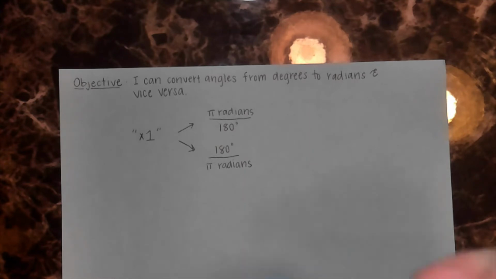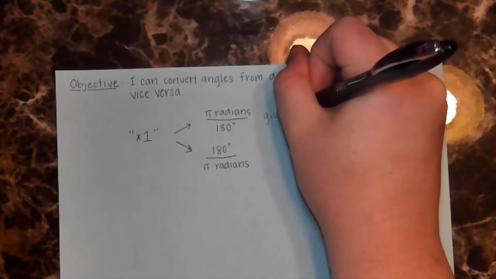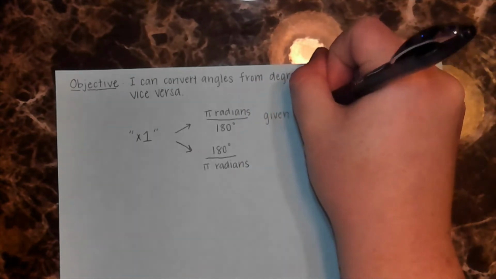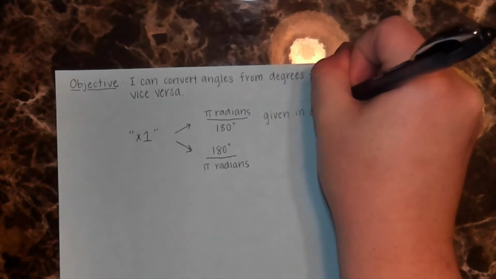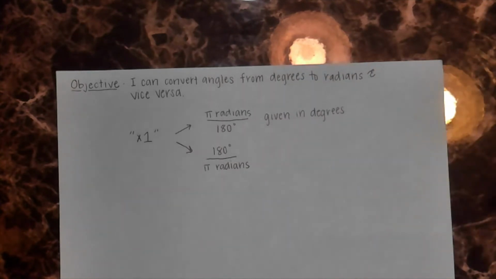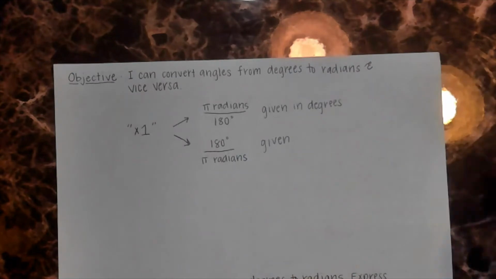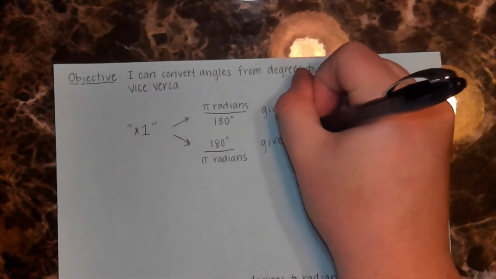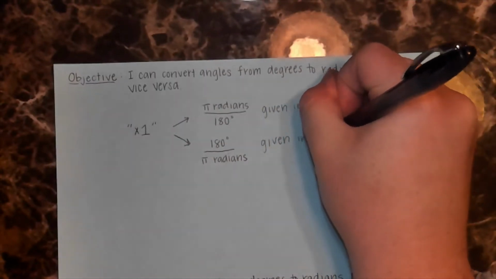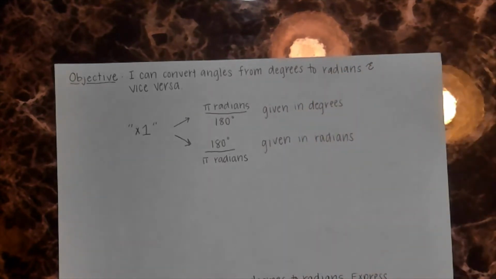So if the problem is given to us in degrees, we're going to use this first fraction so that our degrees will end up canceling. And we'll take a look at that in a minute. And we'll use the bottom fraction when it's given in radians, so that our radians will cancel, and then we could get an answer in degrees.